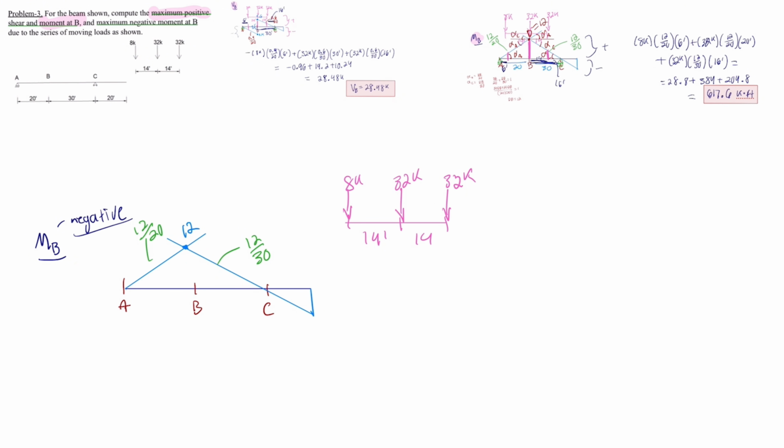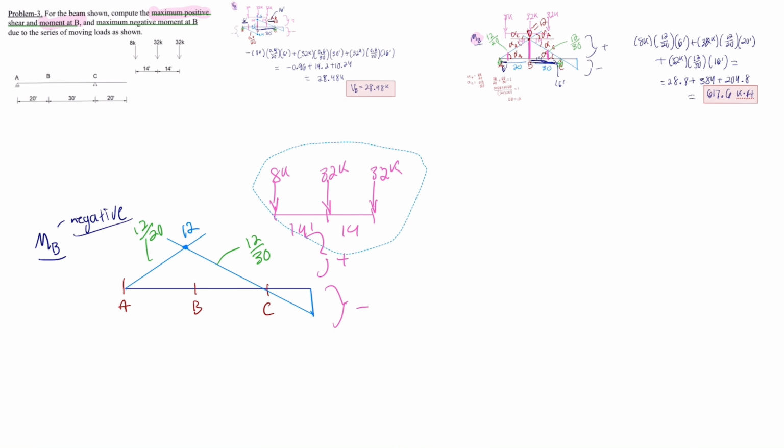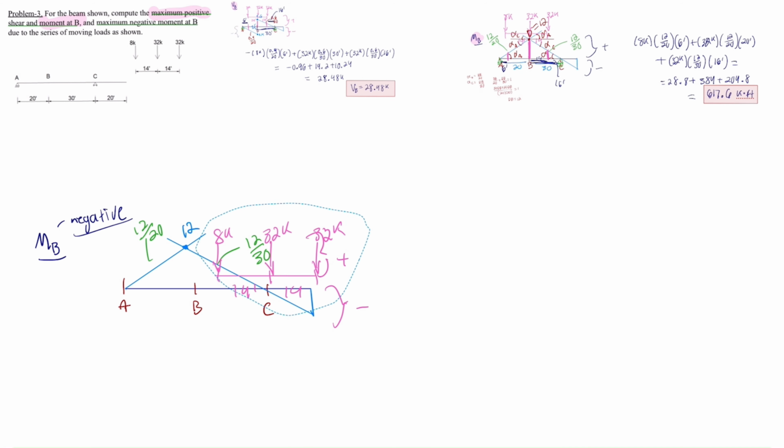And as mentioned before, this is the negative section and this is the positive section. So we will move this here. So the first load will be here, the second load will be here, and then the third load will be here. And again, this drawing is not proportional, so we have to really take a look at the distances that are given.